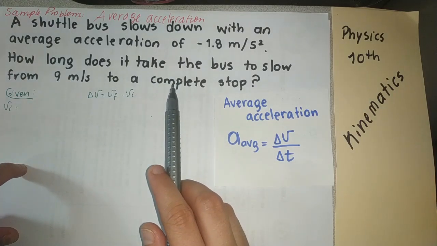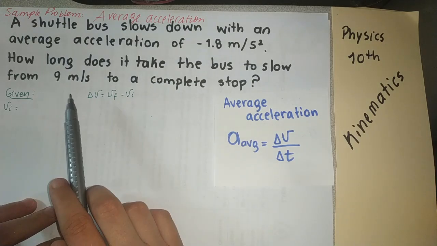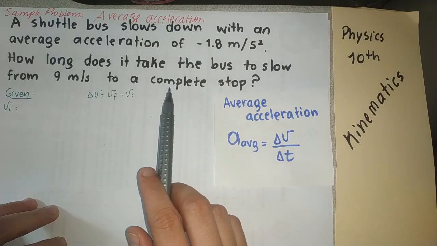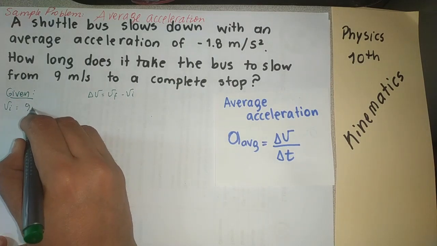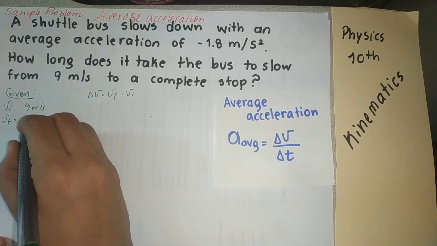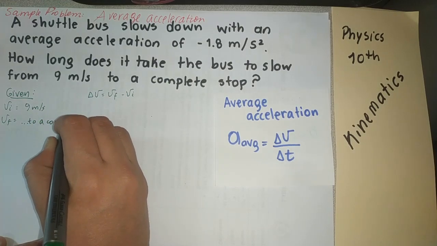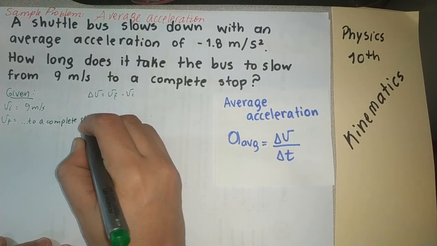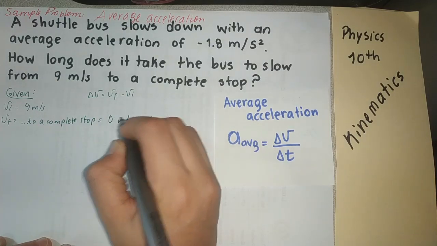So as it is stopping, it is not moving. First it was 9 and then it is completely stopped. So we say that the initial velocity was 9 meters per second, and the final velocity, as it says to a complete stop, we assume is 0 meters per second.